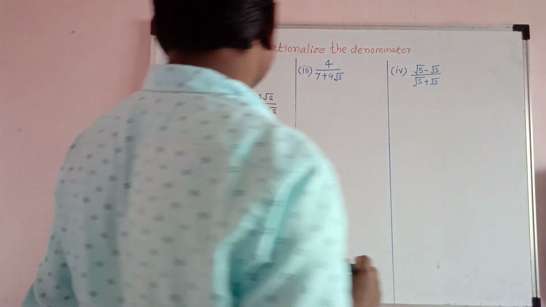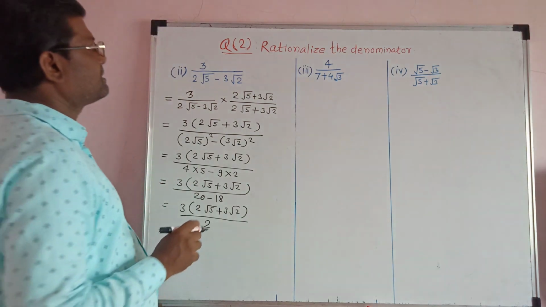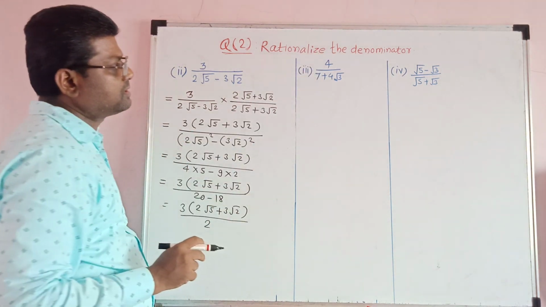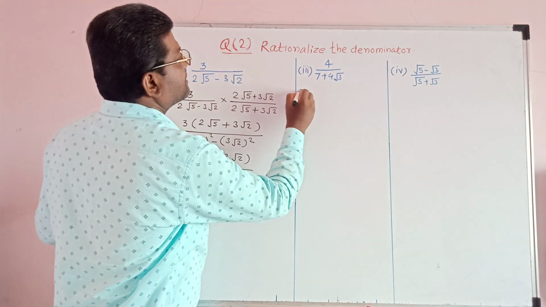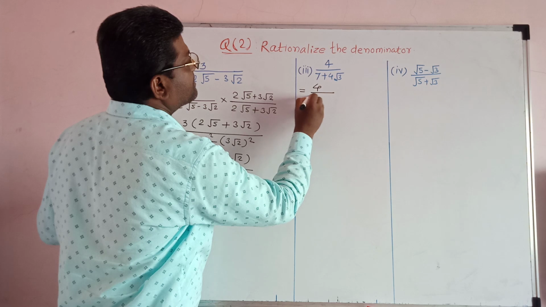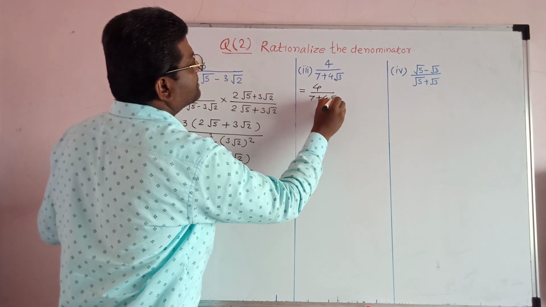Now let us solve example number 3. Example number 3 is 4 upon 7 plus 4√3. So it is equal to 4 upon 7 plus 4√3.